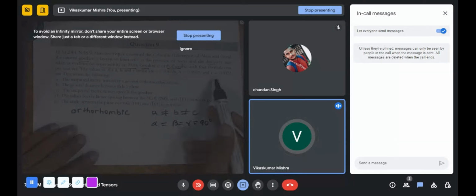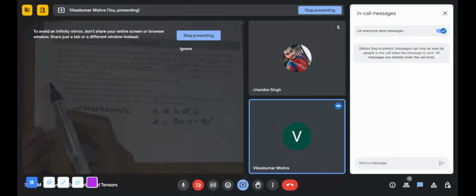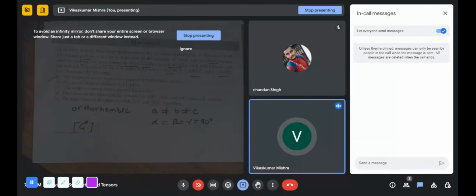A, B, and C are given to us, and we can verify that they are not equal to each other, so we are in the orthorhombic system. What we need to determine is the reciprocal metric tensor, that is, if we are representing the metric tensor by G, it will be G star. We need to find the entire metric tensor for the orthorhombic ratios. It's not that tough. It's very easy, I would say.